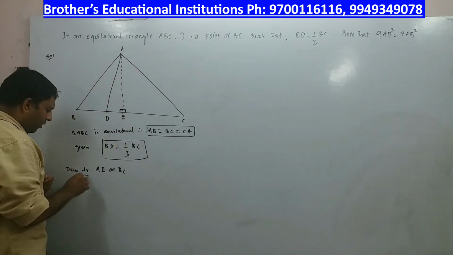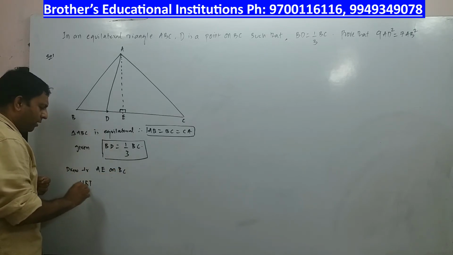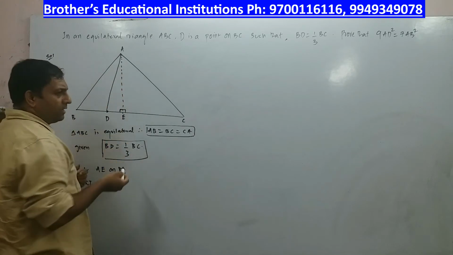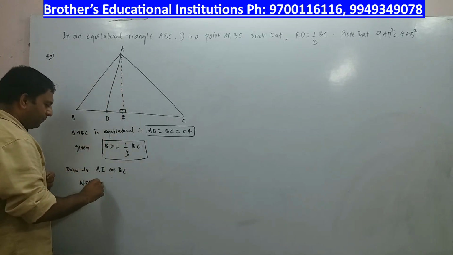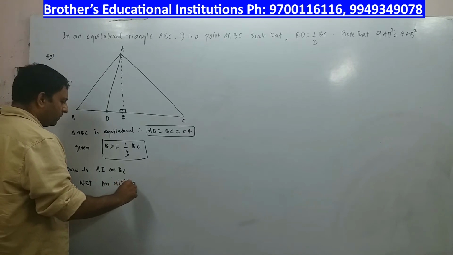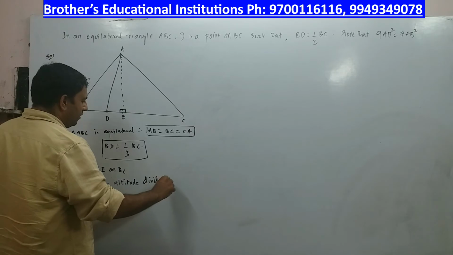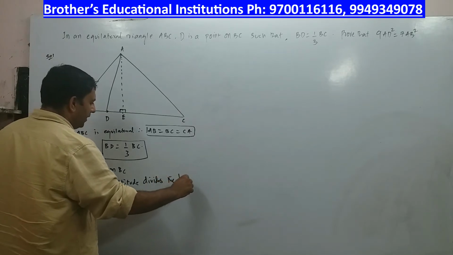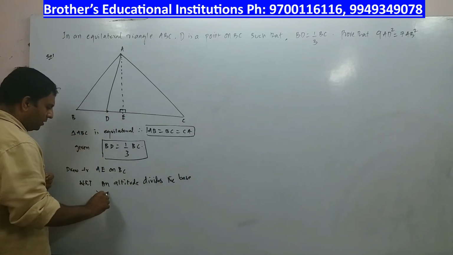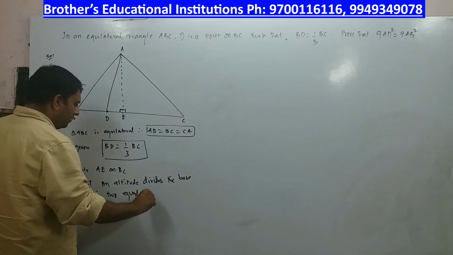Now draw a perpendicular AE on BC. Now I'll say we know that in an equilateral triangle, if you draw a perpendicular, that is altitude, an equilateral triangle, the altitude divides the base in 2 equal parts.